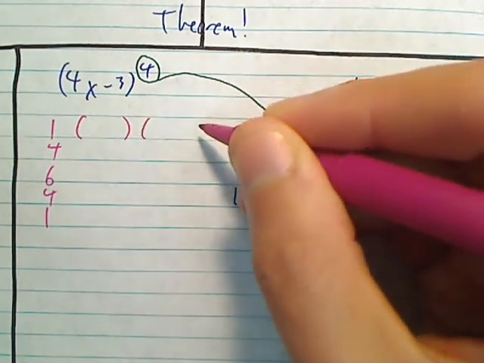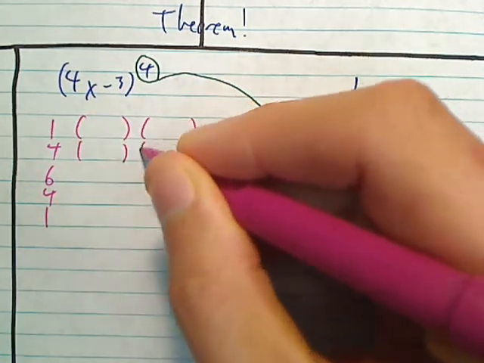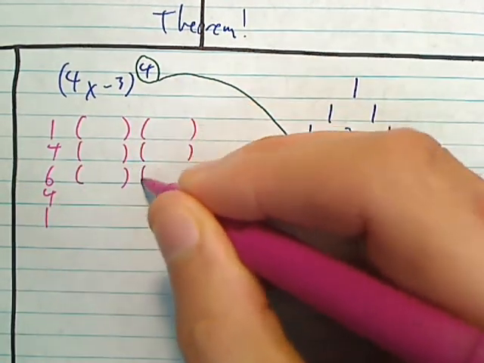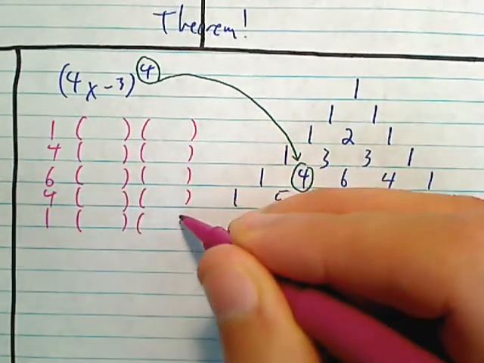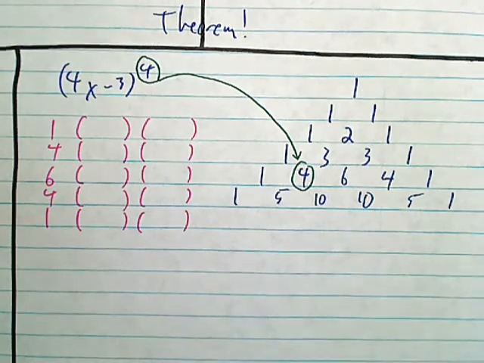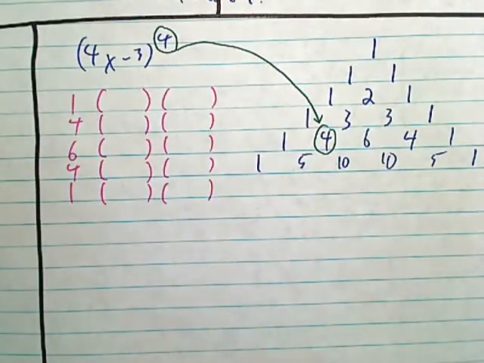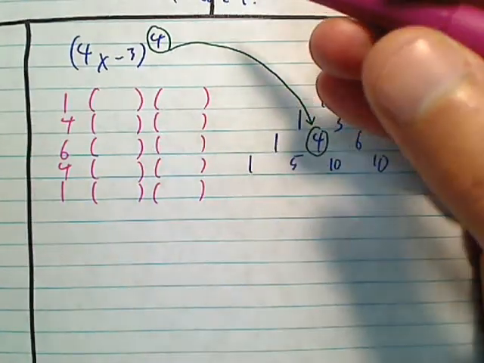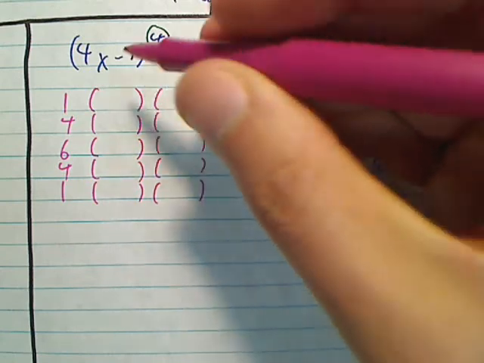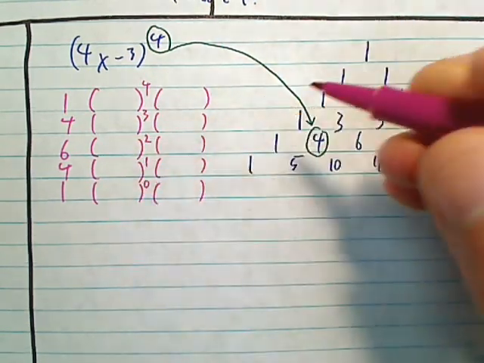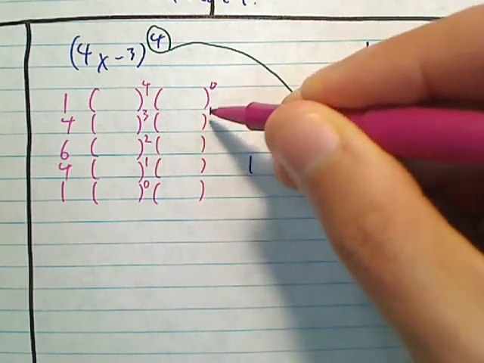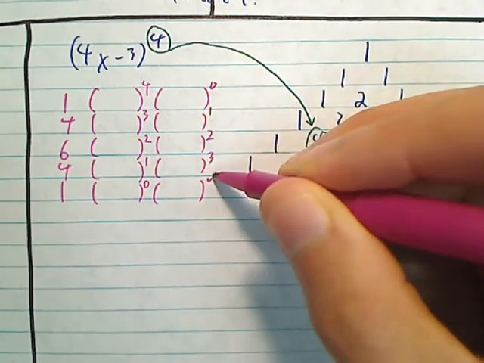I'm going to need 2 sets of parentheses. Okay, and again, you're probably wondering, why are you doing all this? Just play along, okay? On the first, I'm going to start with 4. 4, 3, 2, 1, 0. This is an exponent. And then 0, 1, 2, 3, 4.